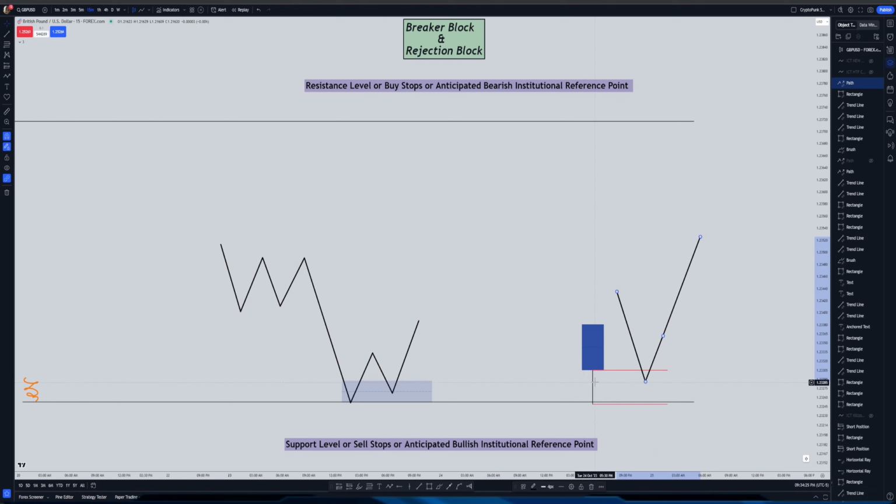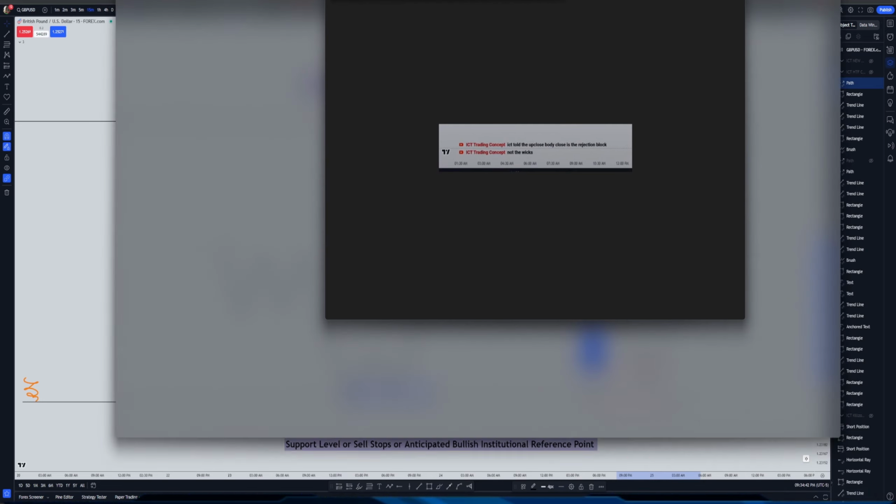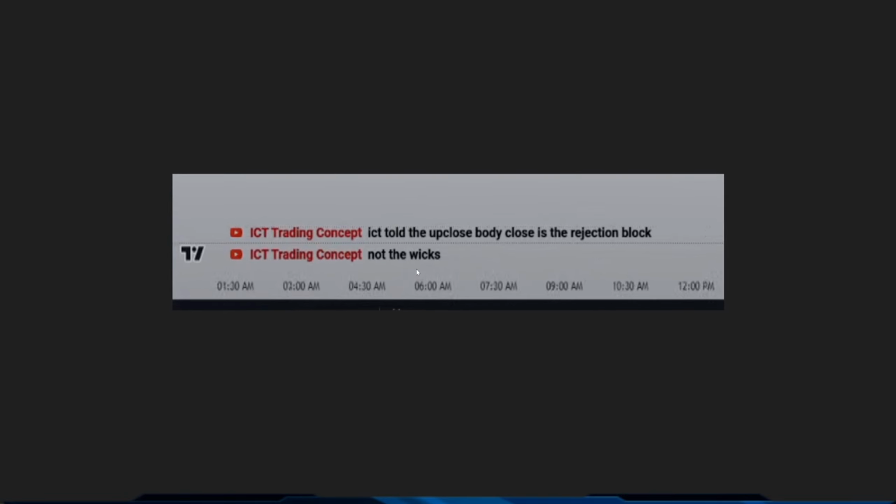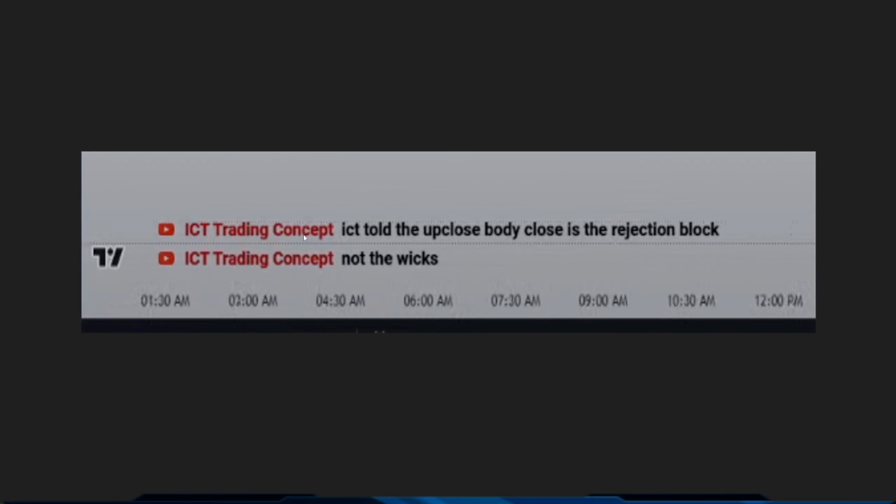I'm going to give you the live chart example as well, but when I'm saying this, I just remember one thing. The day I was talking about the rejection block, I was live streaming, and one of my friends, a very good friend of mine, don't get me wrong, actually learned from my own stream. I hope you can read this. He is saying ICT told the up close body close is the rejection block, not the wicks.